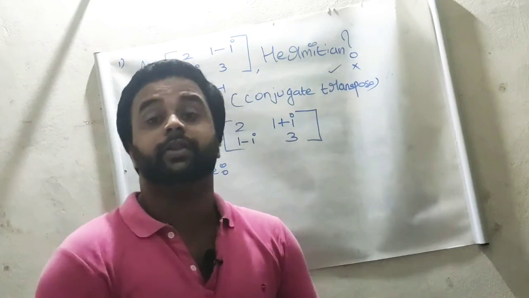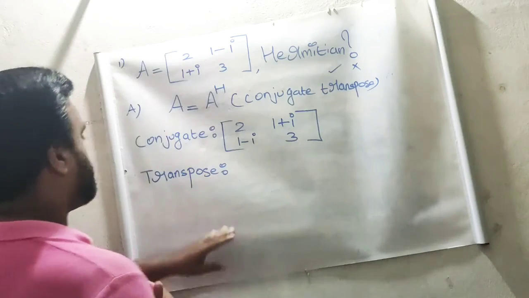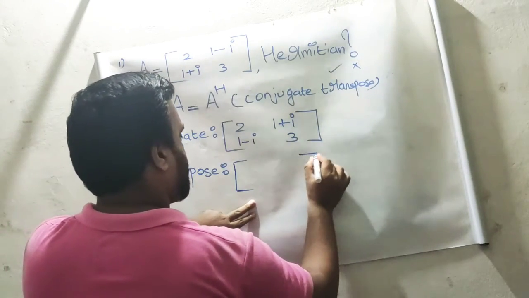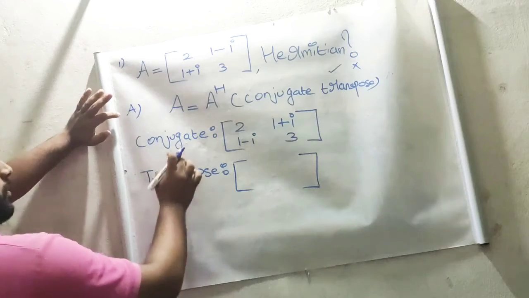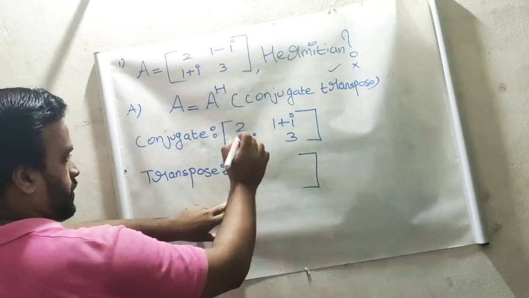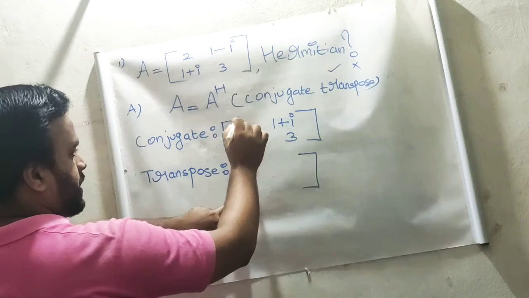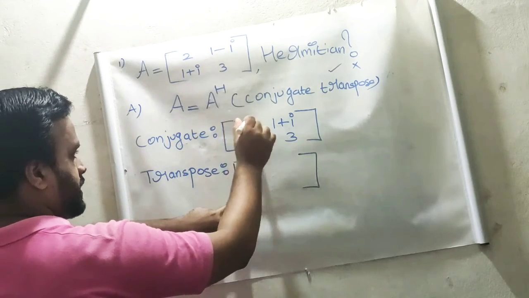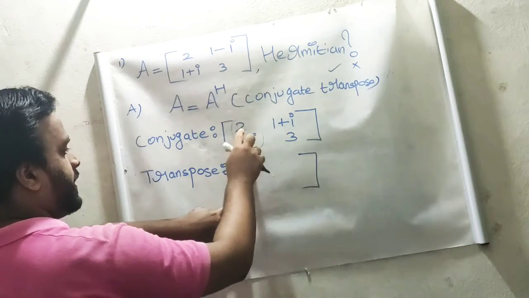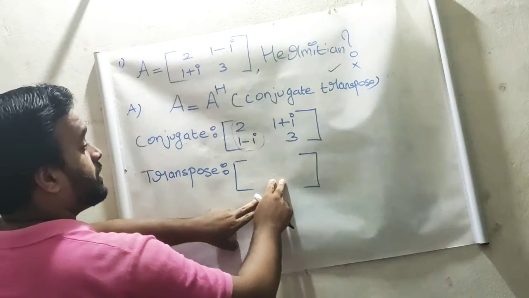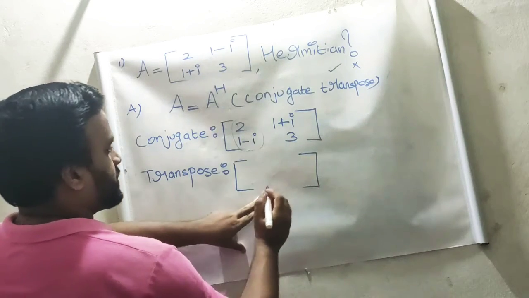Each column matrix is written as a row matrix.